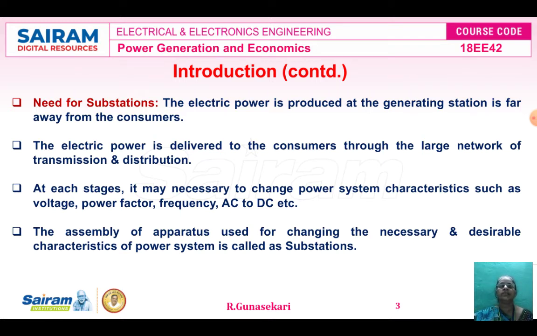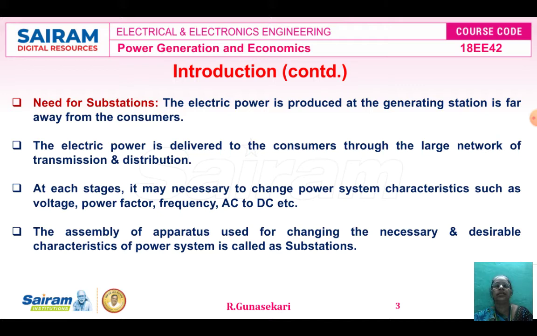For power delivered from the generating station to the consumer, we require substations. At each stage of the network, it may be necessary to change power system characteristics. Power system characteristics means what? Voltage, power factor, frequency, AC to DC conversion, etc. The assembly of the apparatus used for changing the necessary and desirable characteristics of a power system is called the substation.